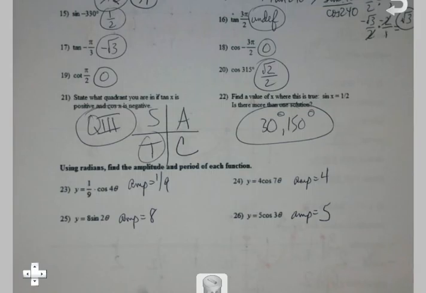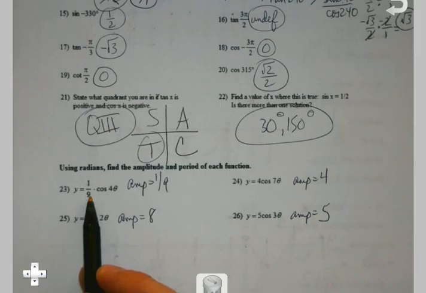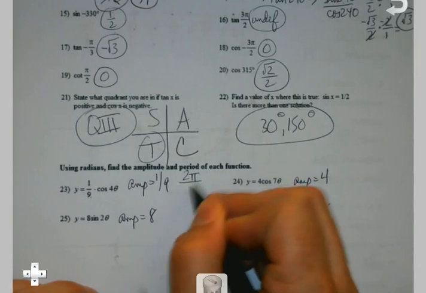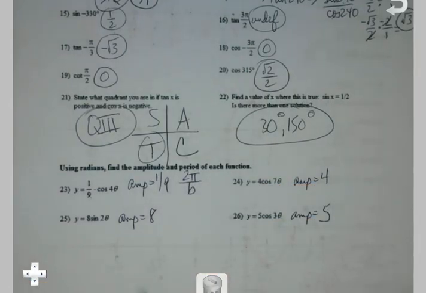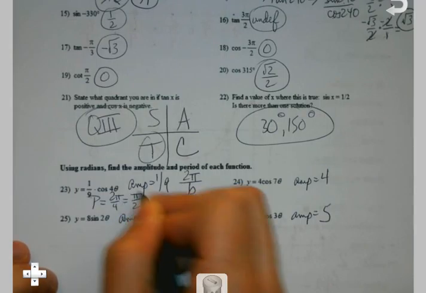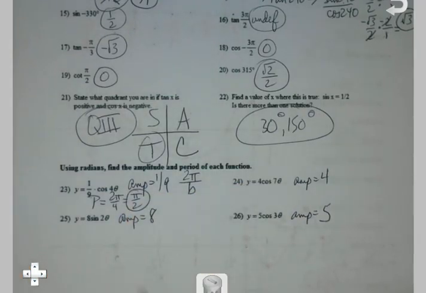It does. The amplitude is always the value in front of your trig function. Your b value, remember, is 2 pi divided by b, b being the value in front of your angle measure. So my period here would be 2 pi over 4, otherwise known as pi over 2.